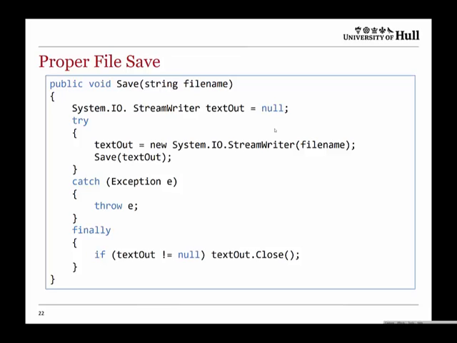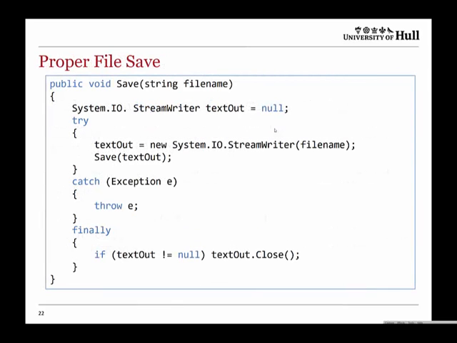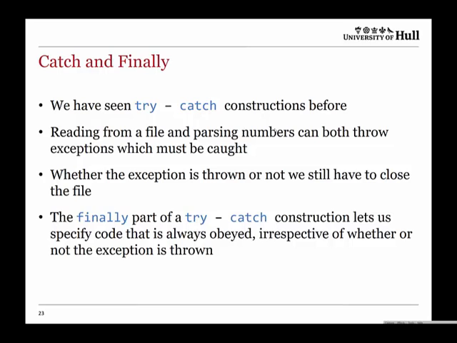Yes, no, whatever. It only looks stupid if you don't know what finally does. Finally is really important, and it's terribly useful. The bottom bullet point here is the thing I want you to take away, really.